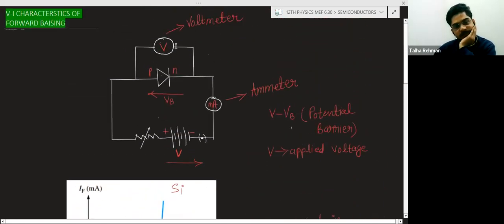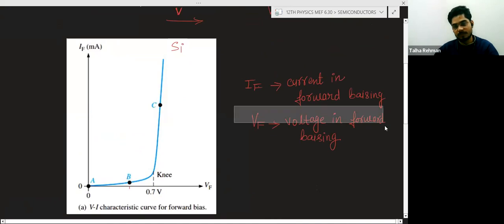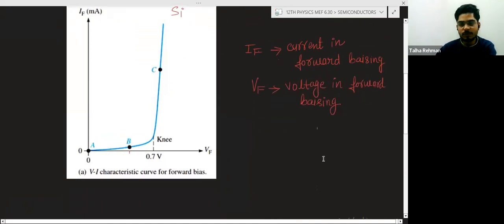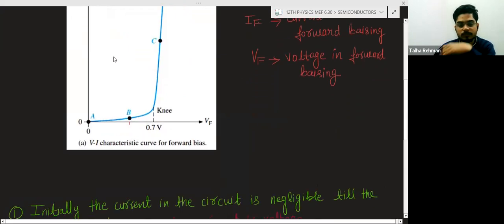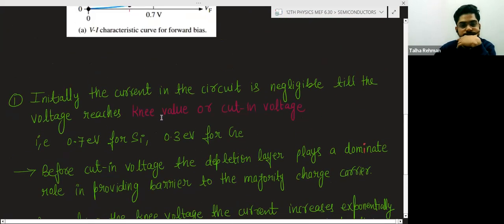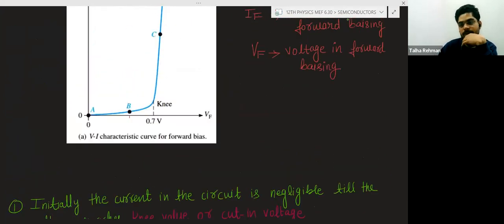The voltage across the PN junction diode.